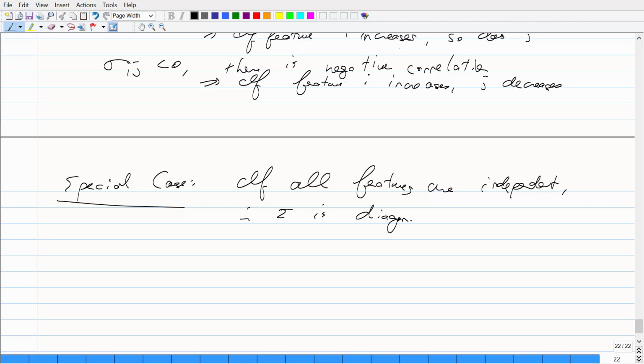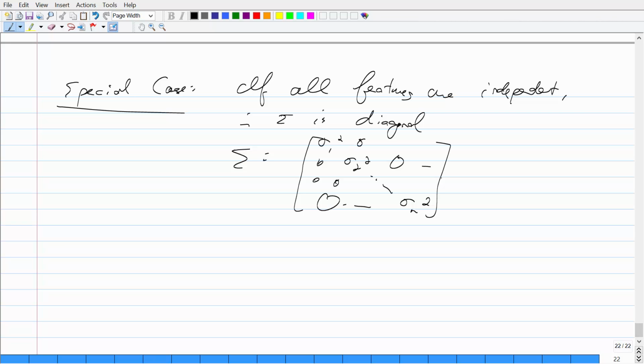What I mean by diagonal is all the off elements are 0 except for the ones along the diagonal. So sigma 1, sigma 2, all the way down to sigma n, and then this is all 0. Okay? So all the off diagonals are 0.